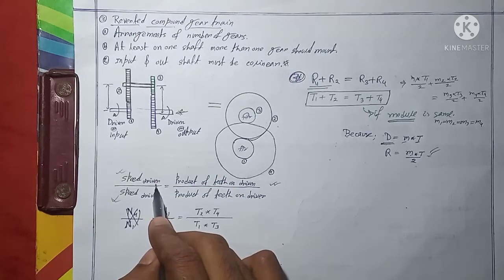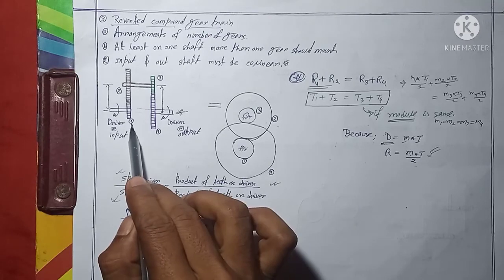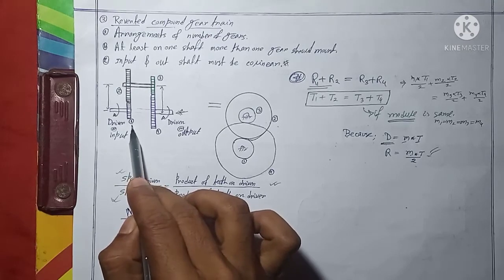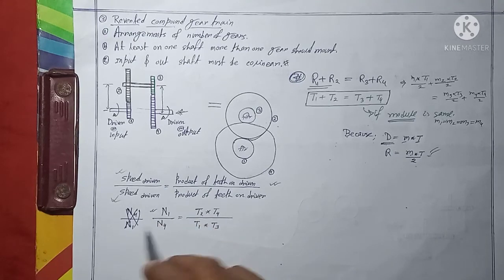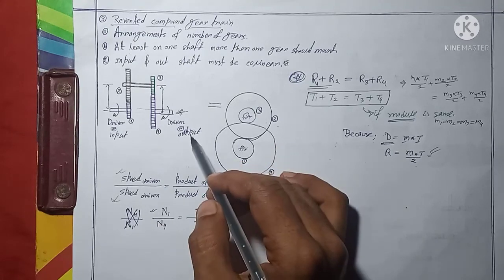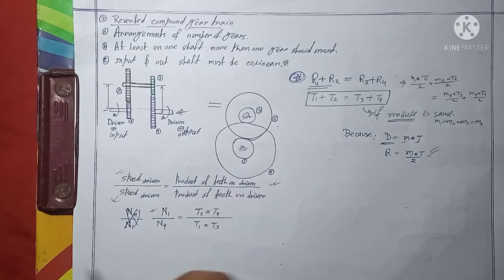Here the speed of driver means the rotating speed of gear 1, let us assume it as n1. And the speed of driven, meaning the speed of the output shaft, is equal to n4. Now the product of teeth on driven.